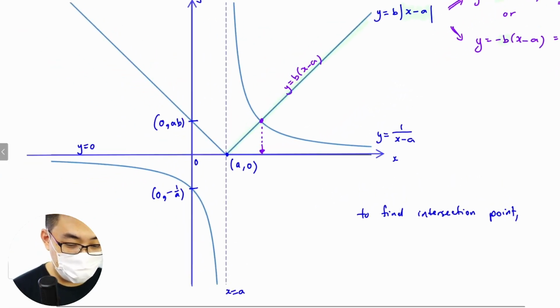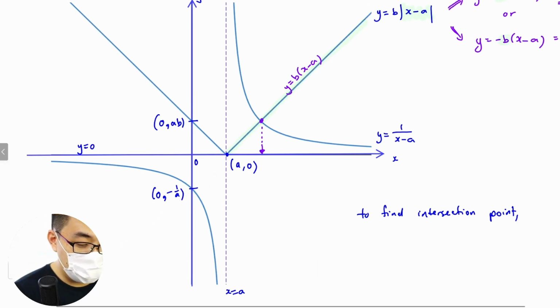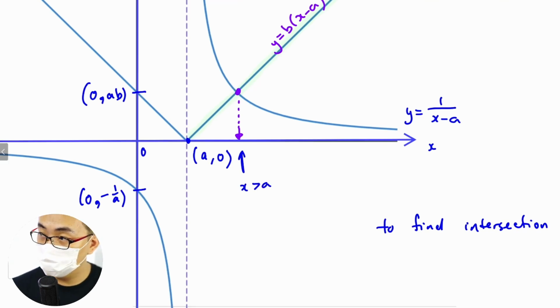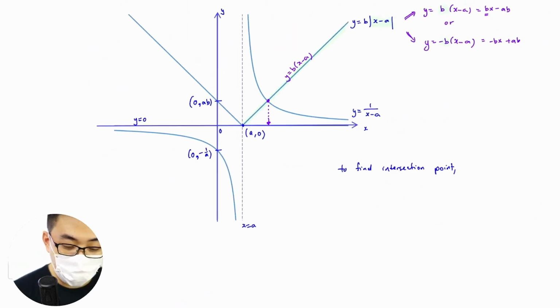You get two solutions because when you take this line equation and intersect with the rational function there, you'll cut here as well. Okay, so just take note now. You need to reject one. So you need to eyeball this. Whatever intersection you find, this x must be bigger than a. Take note because a is here. Okay, so just take note of that.